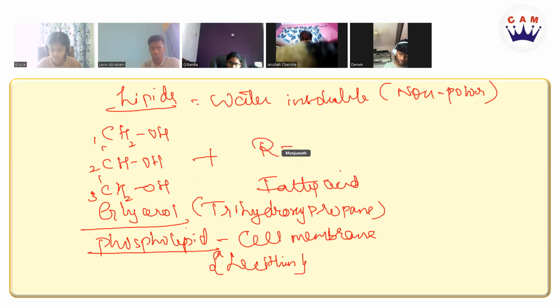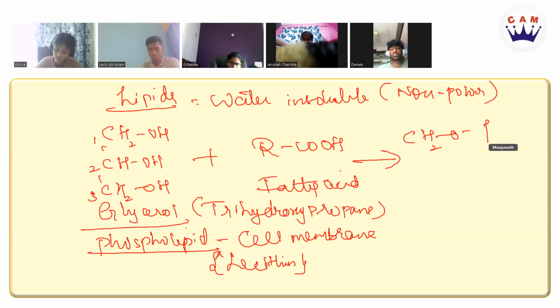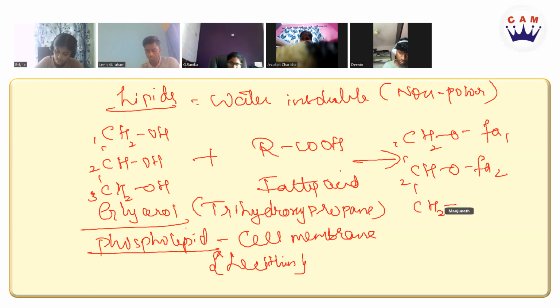The general formula of the fatty acid is RCOOH. What is it? RCOOH. Now let us see what happens to the glycerol when a fatty acid is added to it. So the output is, if the glycerol is attached to fatty acid 1 at carbon 1, fatty acid 2 at carbon 2, and fatty acid 3 at carbon 3, okay, then it is called a triglyceride.